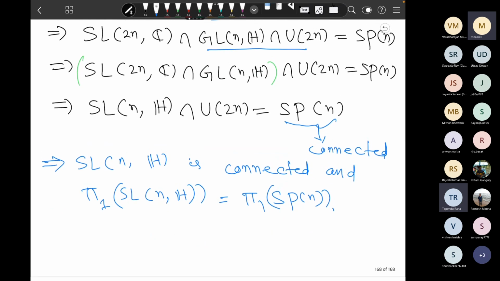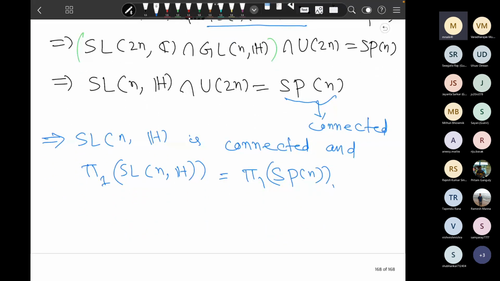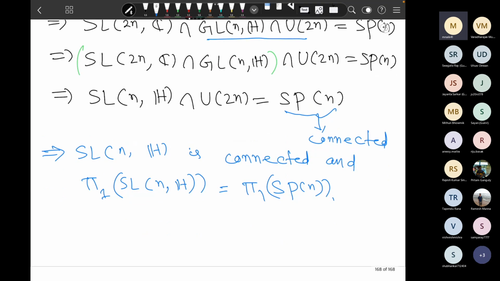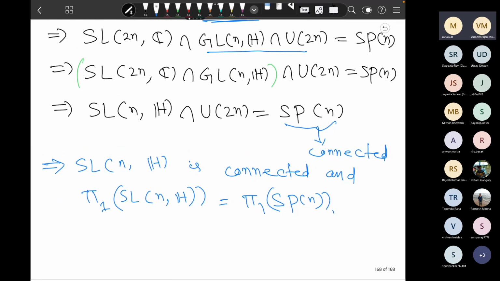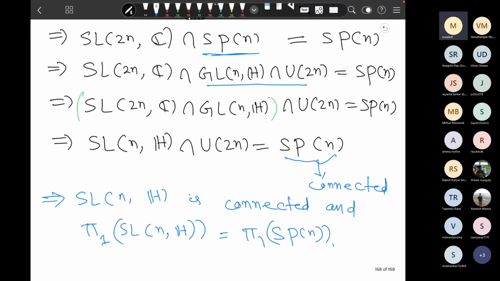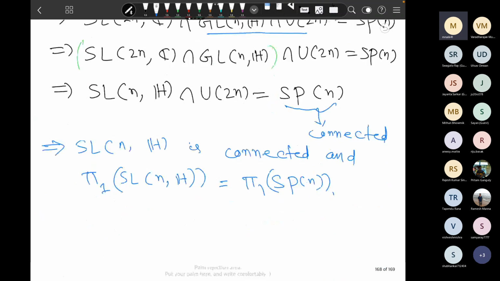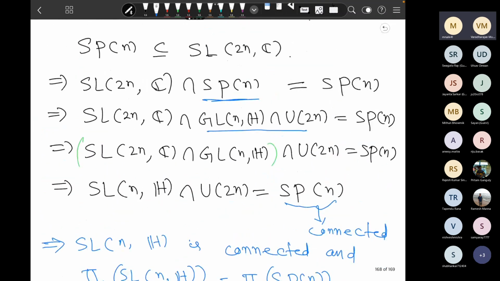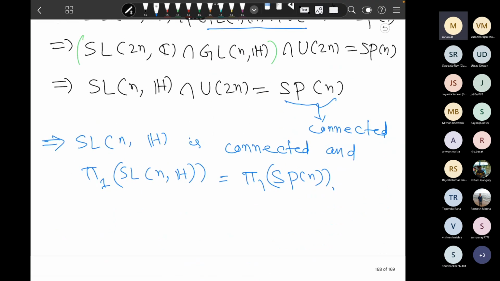So is this clear? Yes. Okay, so we have seen that SL(n,H) is connected and this thing. Now since Sp(n) is inside SL(2n,C), you can get various relations.